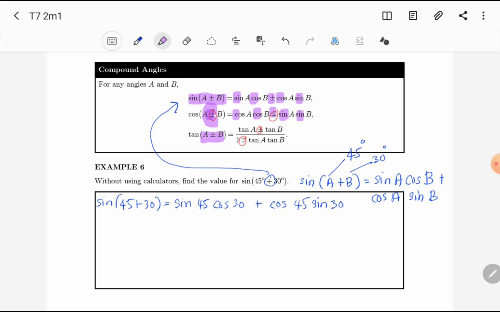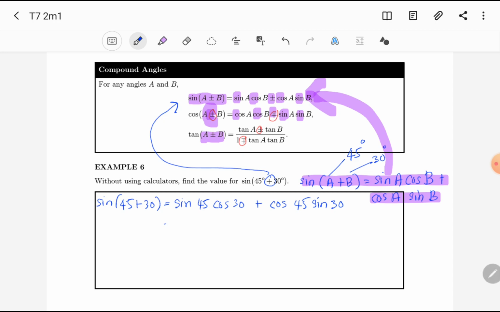So, mana saya dapat tu? Saya substitute dalam compound angle formula, the first formula. Okay. So, by using special angle yang kita dah kira dalam table yang kita construct tadi, ataupun boleh guna calculator terus untuk calculator yang latest edition tu.